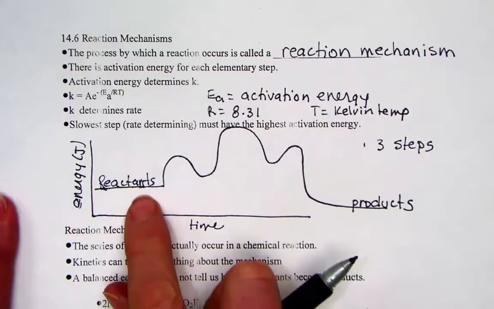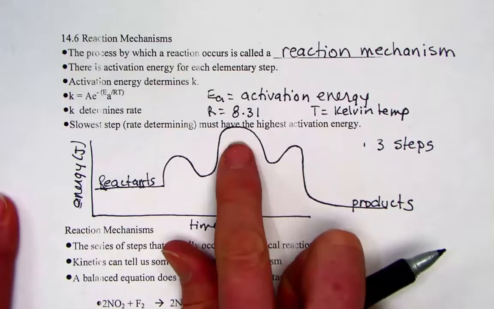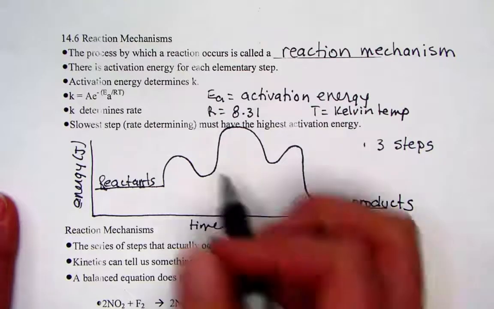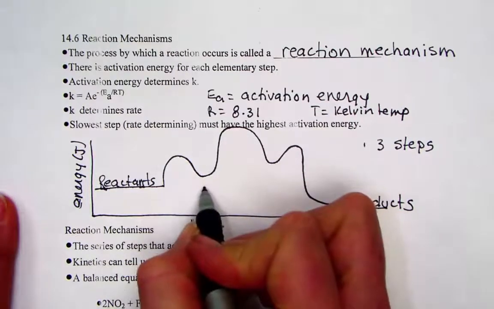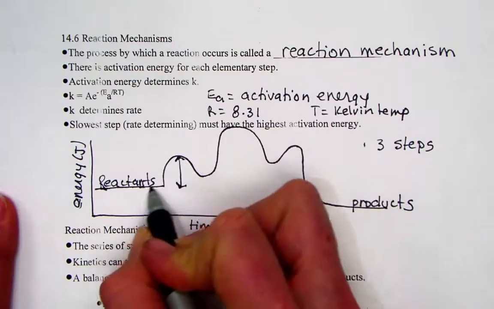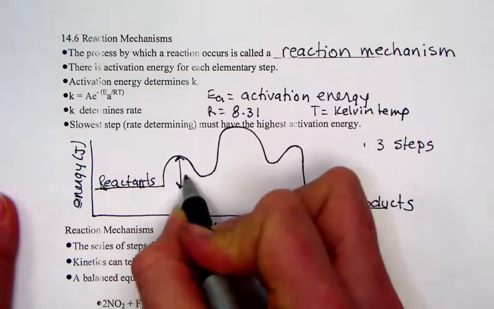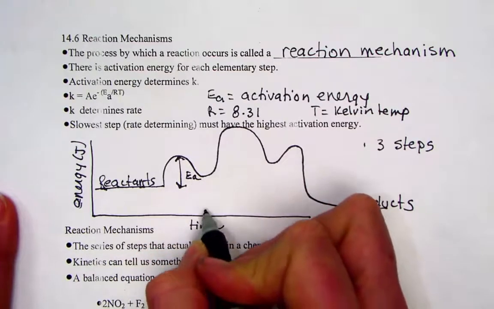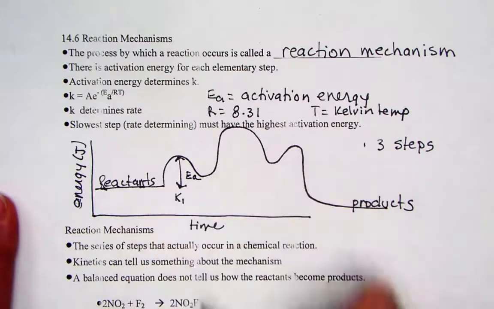When reactants turned to products, it took 3 different collisions with the reactants forming intermediates along the way. In this first energy barrier, we could list from the beginning of the reactants to the top of that hill, the activation energy for our reaction 1. This would have a value known as k1, the rate constant for the first elementary reaction.